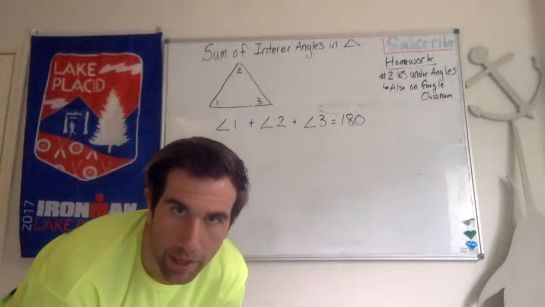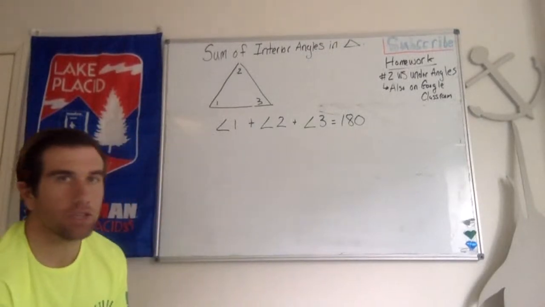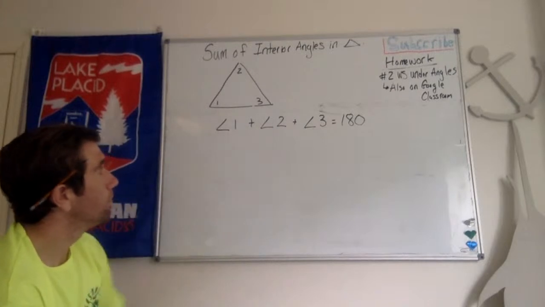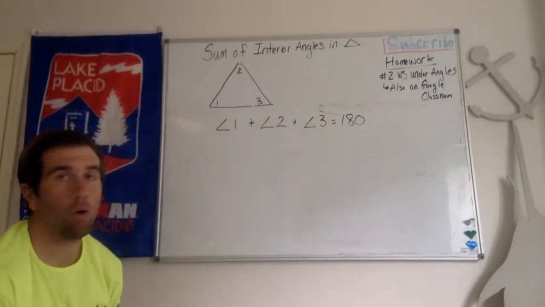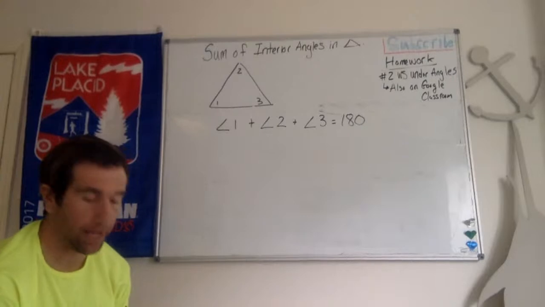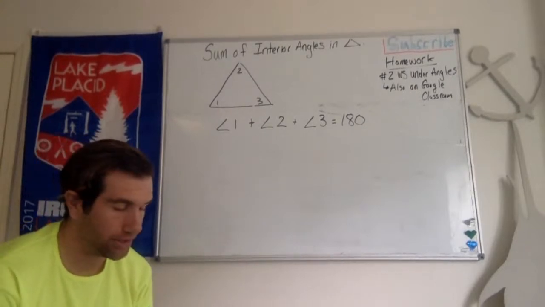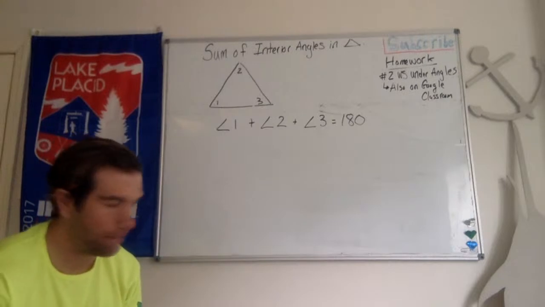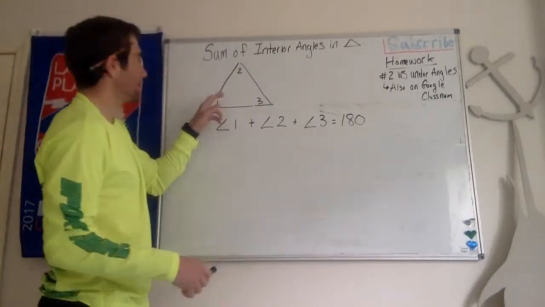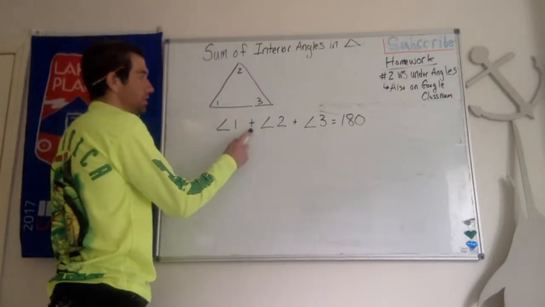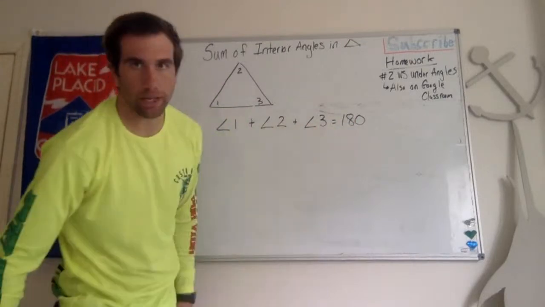So angle 1 plus angle 2 plus angle 3 will always equal 180 degrees. Okay. So this is pretty easy to understand and pretty easy to remember, because this angle plus this angle plus this angle, the sum, which means addition, will always equal 180 degrees.